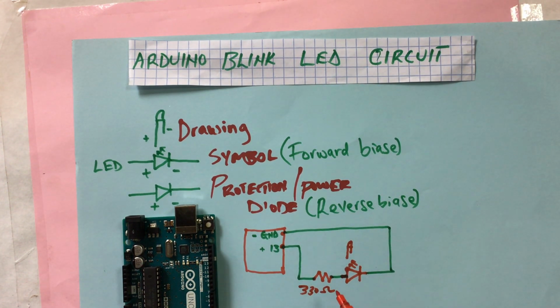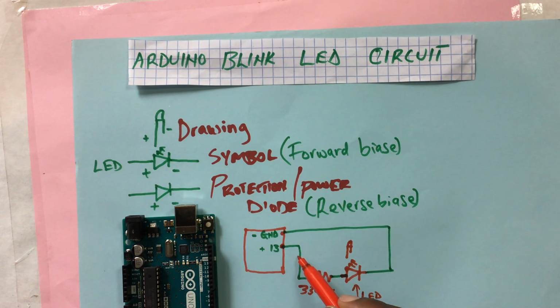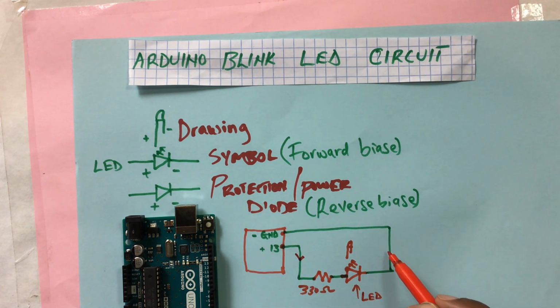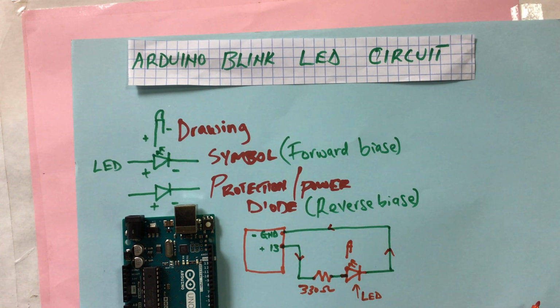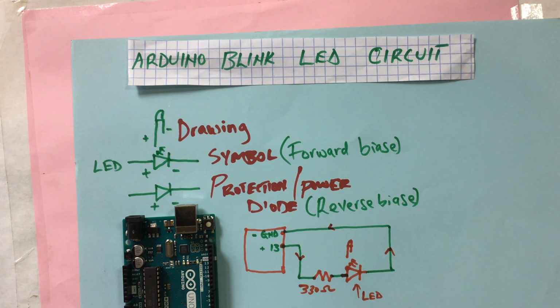And so this one is a resistor, and this one is an LED. And as we have been saying again and again, this is how the current moves. Current always comes from the positive side, flows and goes back to the ground. So that is the circuit we are going to make right now.